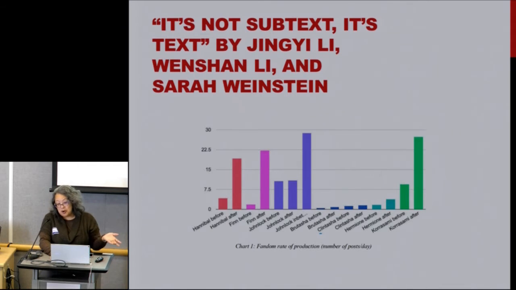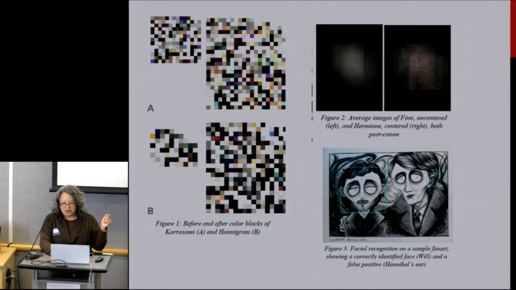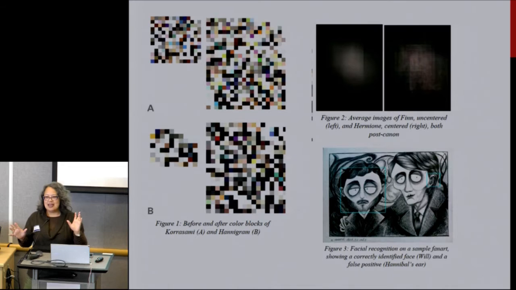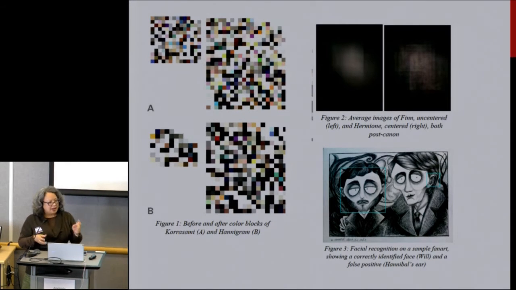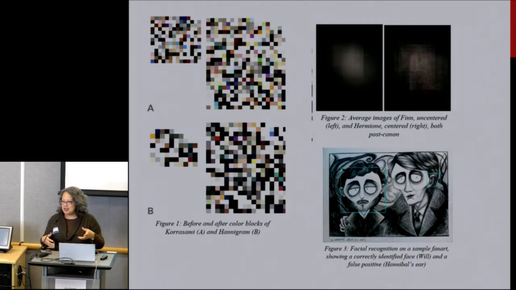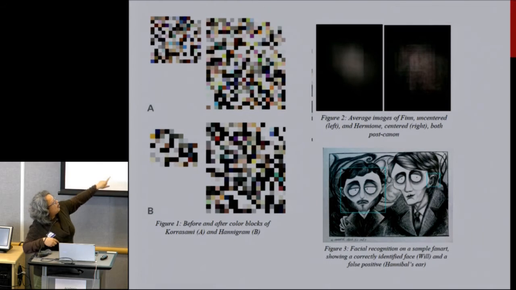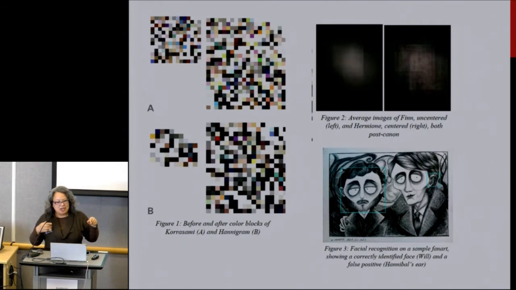So there's a lot more production, as this bar graph shows. But then here are just some of the methods they used to try to compare before and after production. On the left, you'll see that they didn't sum, but they sort of grouped every Tumblr fan art image before the canon shift and after the canon shift. So there's obviously a lot more fan art after these canon shifts.